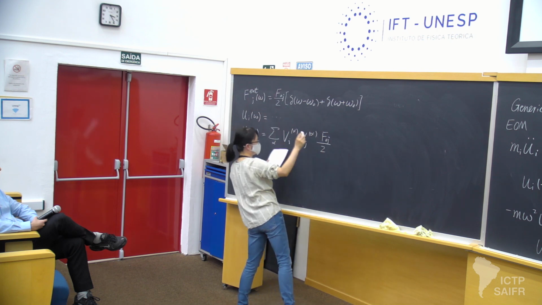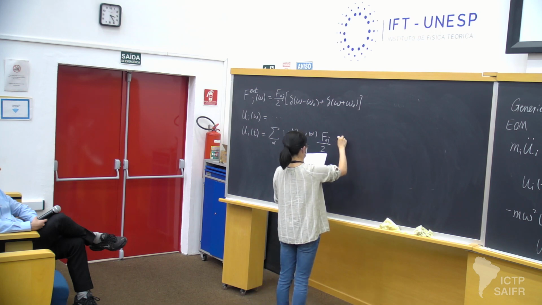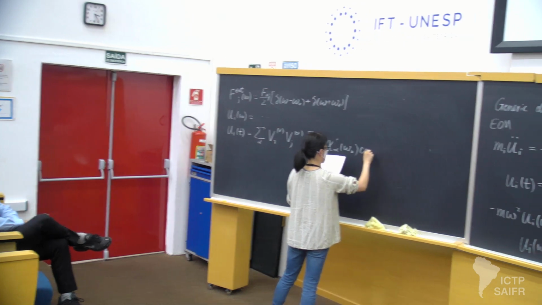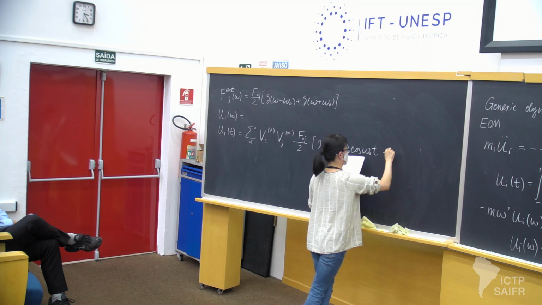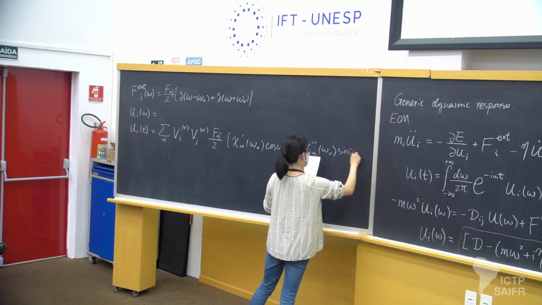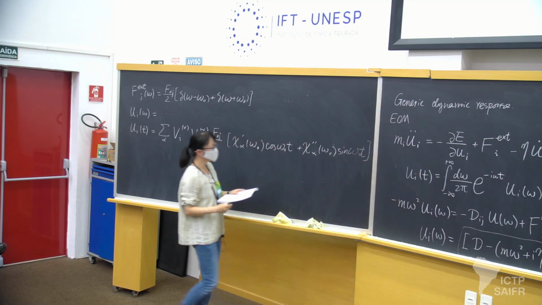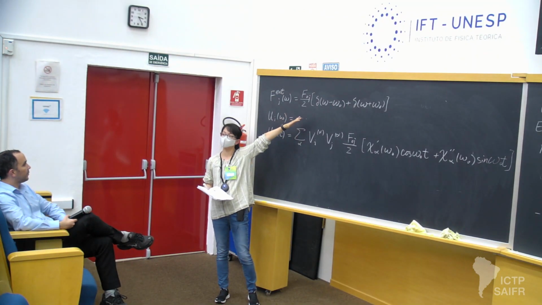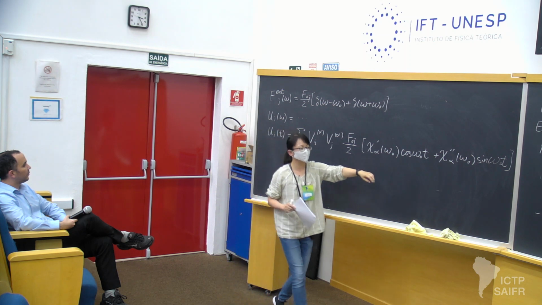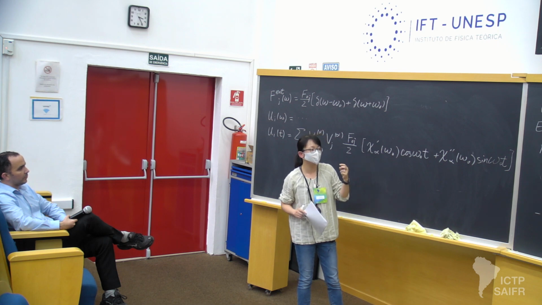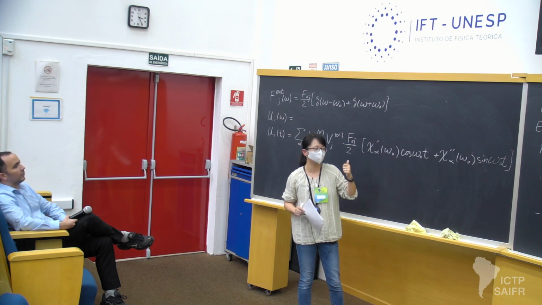This is at each site. Okay? So this is just a few lines of math when you write the frequency space and do the Fourier transform, because chi prime is an even function, chi double prime is an odd function.